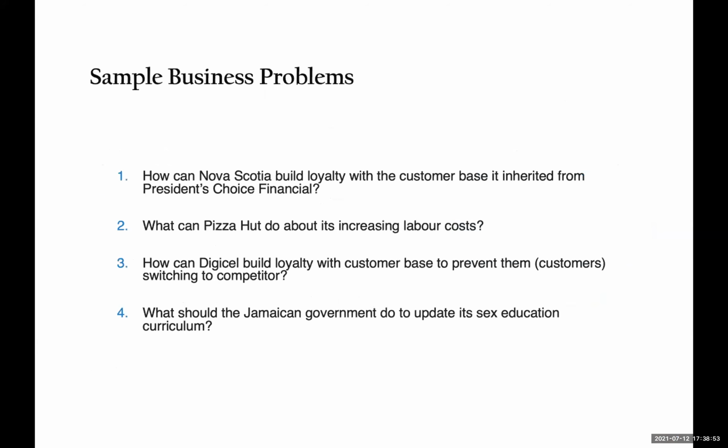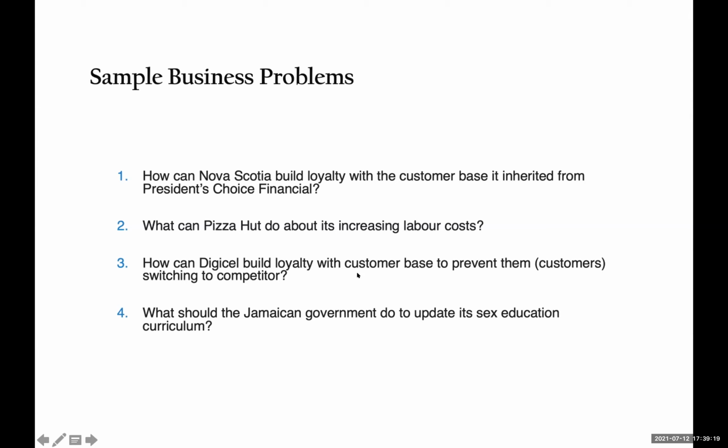Things like that. All right, so here are some examples of sample business problems. How can Nova Scotia build loyalty with the customer base it inherited from President's Choice Financial? What can Pizza Hut do about its increasing labor costs? How can Digicel build loyalty with its customer base to prevent them switching to a competitor? And what should the Jamaican government do to update its sex education curriculum?